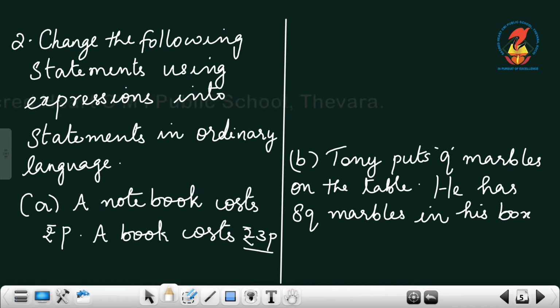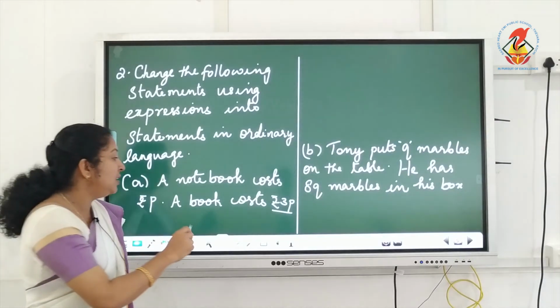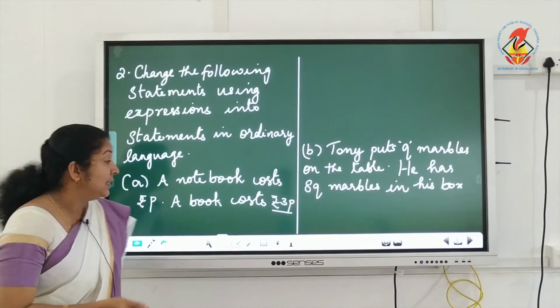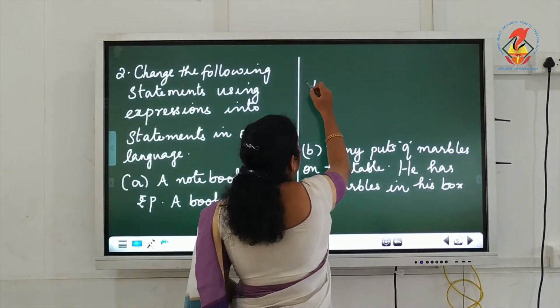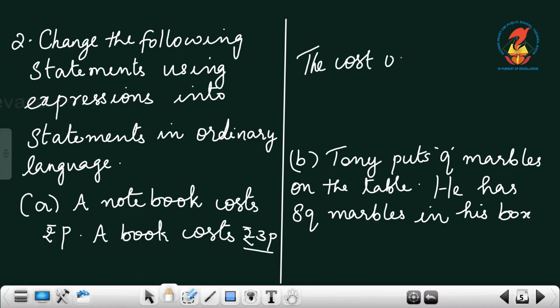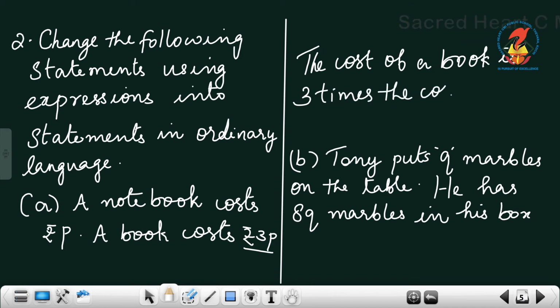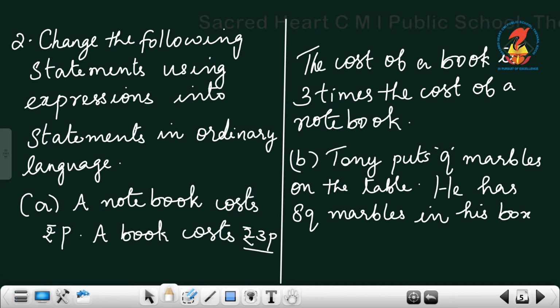How can you write? 3 times P. That means the cost of a book is 3 times the cost of a notebook.